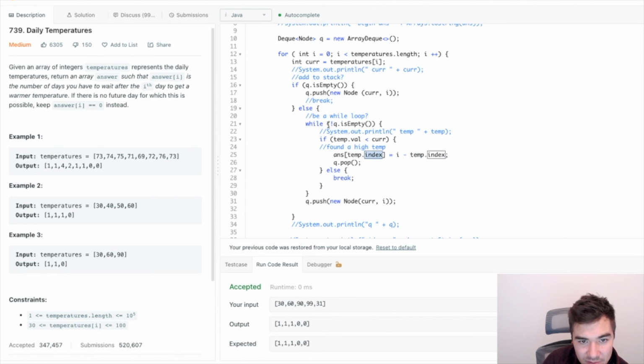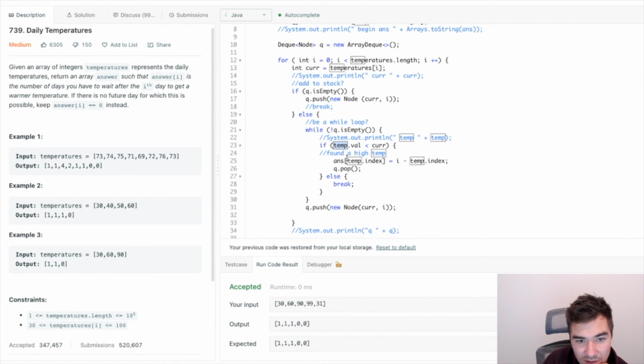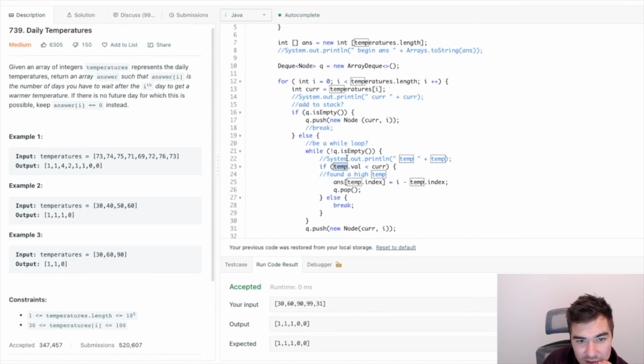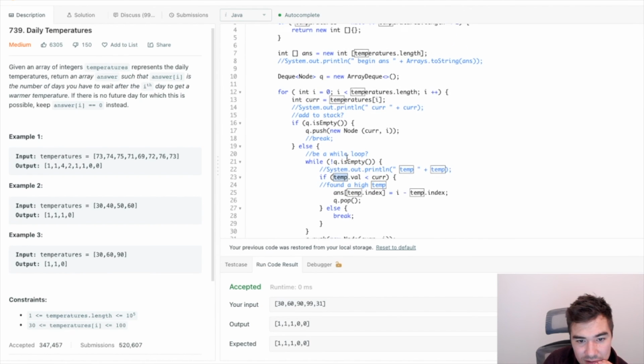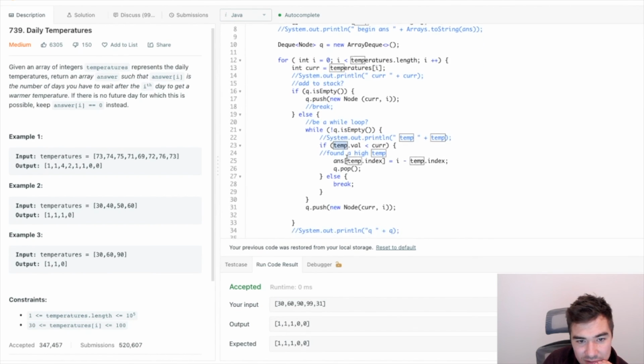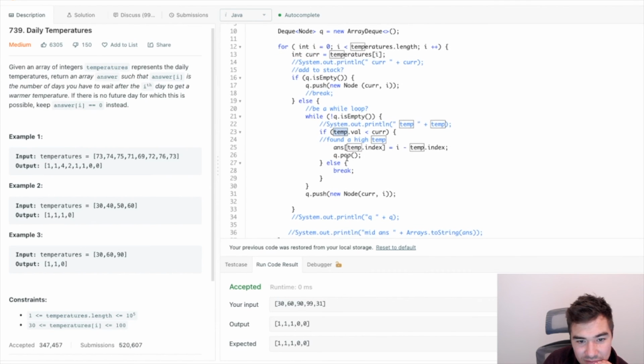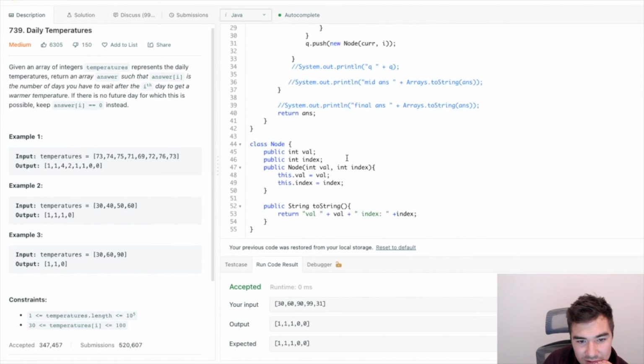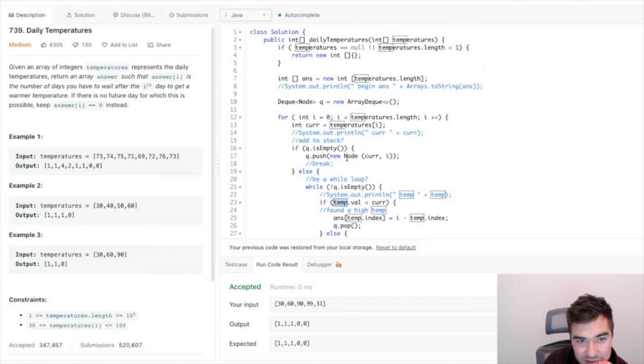So remember what a temp is. So where does temp come from? Let's see, how come I'm not able to see where temp is declared?